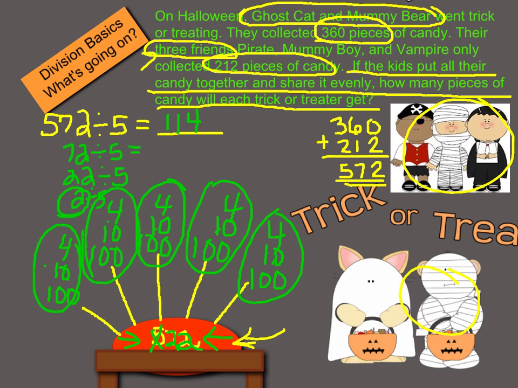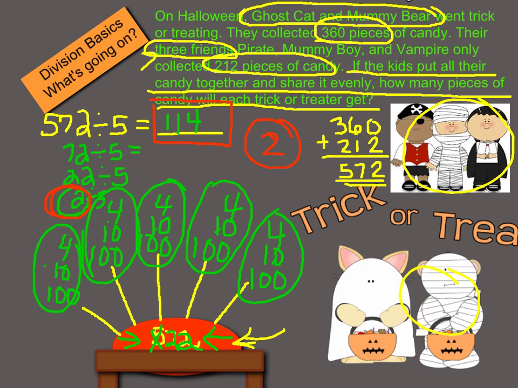But we saw over here that there was this 2 left over after I gave away all the pieces of candy that I could. So what this is telling us is that 572 pieces of candy split amongst 5 people gives each of them 114 pieces of candy with a tiny little pile left over that has 2 in it.